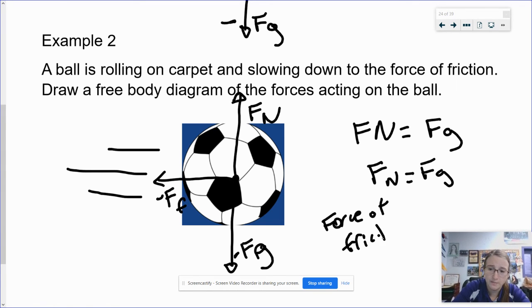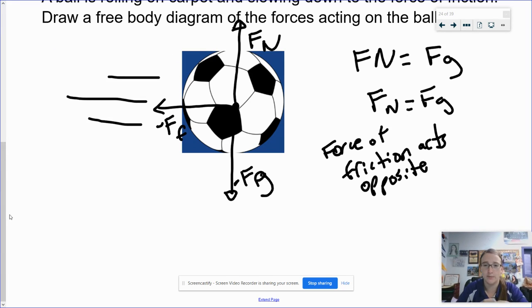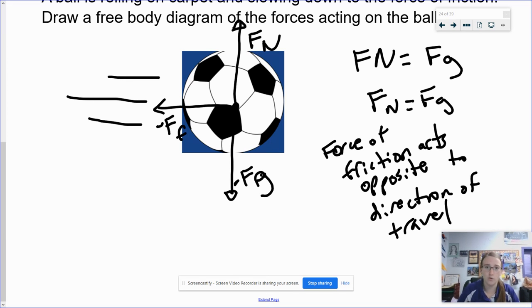Force of friction acts opposite to the direction of travel. You probably have that written down anyways from the forces video. That should make sense. That's why things slow down when they're in contact with surfaces that have a lot of friction. It acts opposite to the direction you're traveling.